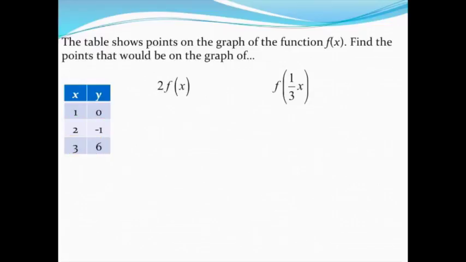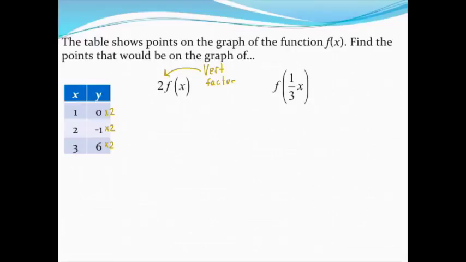Once again, I want to notice where that number is located. It's outside of the parentheses, and because it's a multiplier, this must be a stretch or compression. Since it's outside, it will be vertical. And the multiplier will do what it says, and it's going to vertically stretch this by a factor of 2. What that means mathematically is I'm going to be multiplying all my y values by 2, just the y values, because it's a vertical stretch in this case.